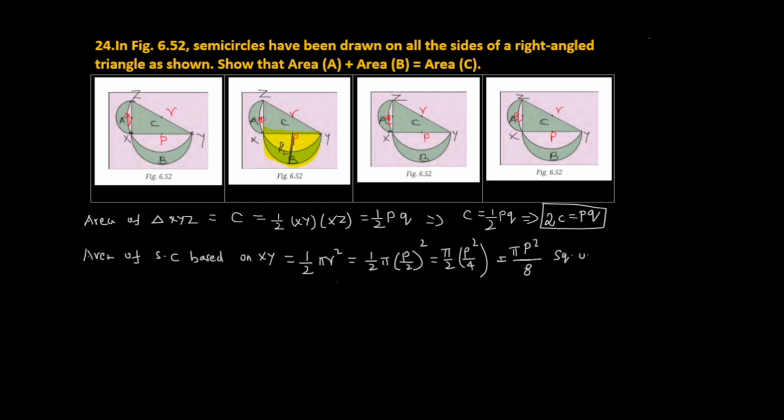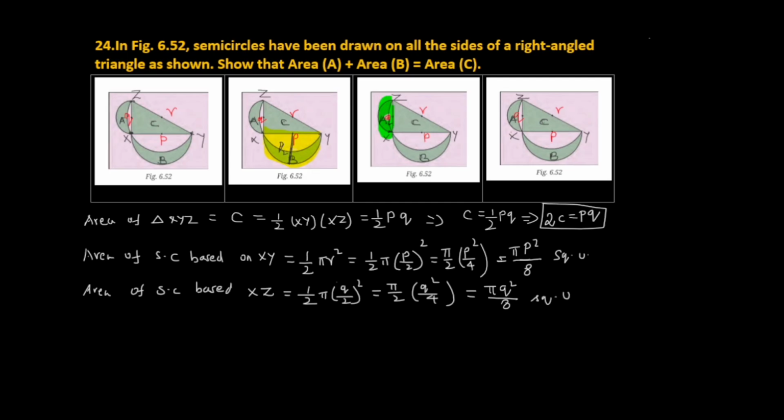Now look at the area of the next semicircle based on the side XZ. Again, the diameter is Q, so the radius is Q by 2. So area is pi by 2 into Q squared by 4, which is equal to pi Q squared by 8 square units. That is the area of the next semicircle.